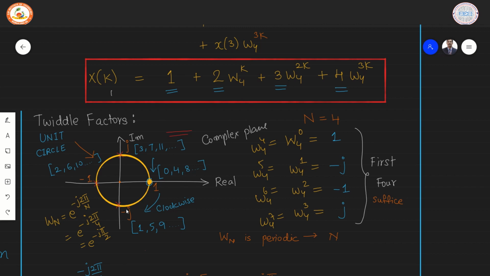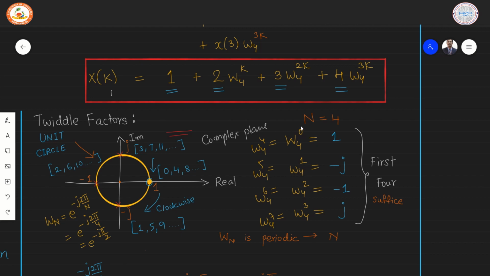Now let us perform the Twiddle factor calculation. Generally, whenever you are solving for N equal to 4, we have to compute the first 4 powers of the Twiddle factor. The first 4 powers will be W4 to the power of 0, W4 to the power of 1, W4 to the power of 2 and W4 to the power of 3.